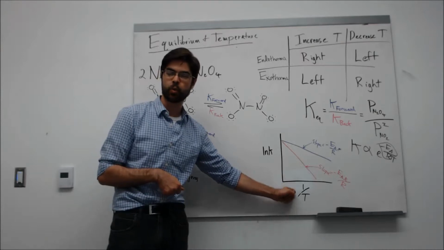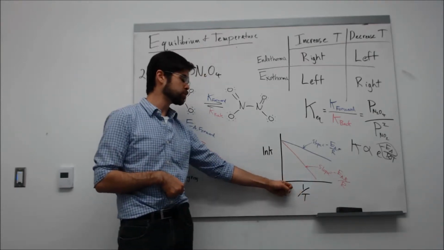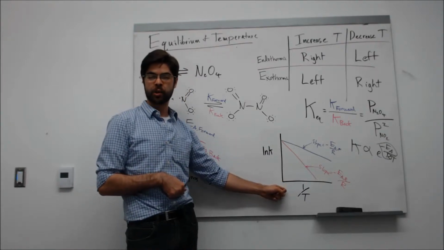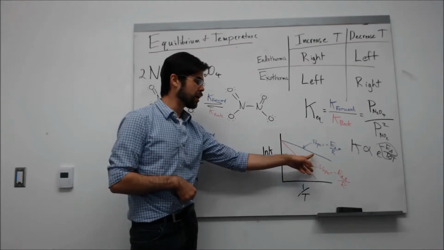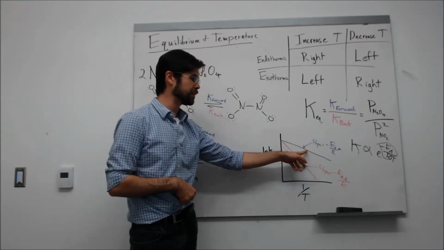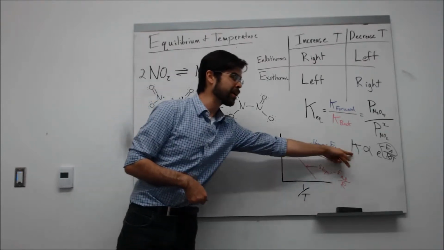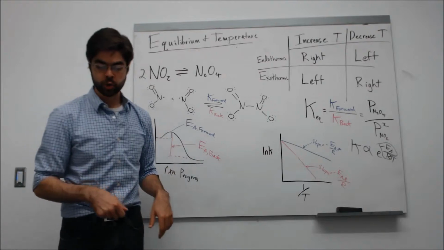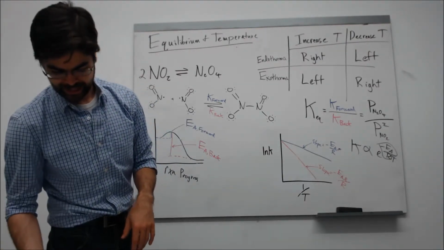It's a little wonky because I'm plotting 1 over the temperature. So a high temperature corresponds to a low value of 1 over the temperature. If I raise the temperature a little bit, the backwards reaction rate increases faster than the forward rate does.